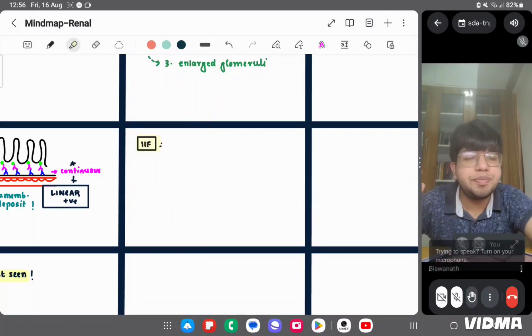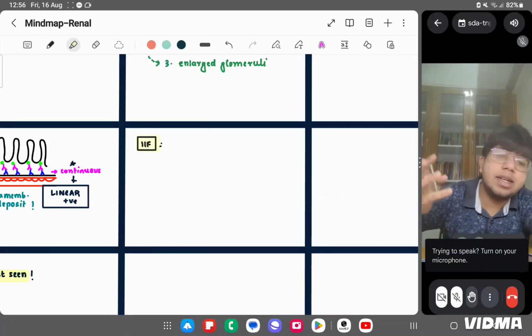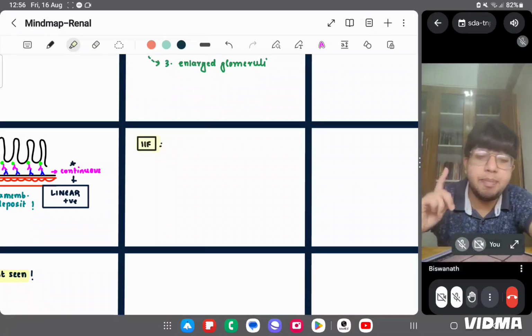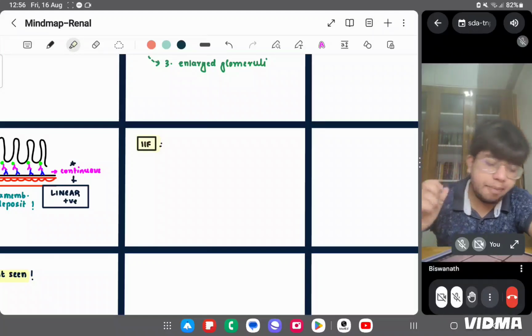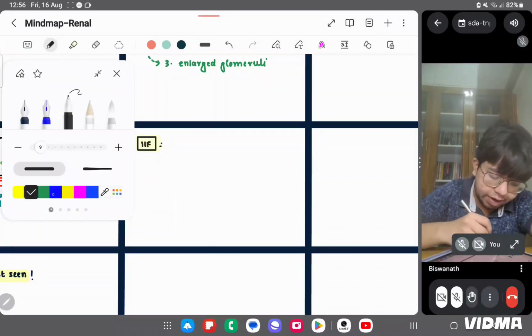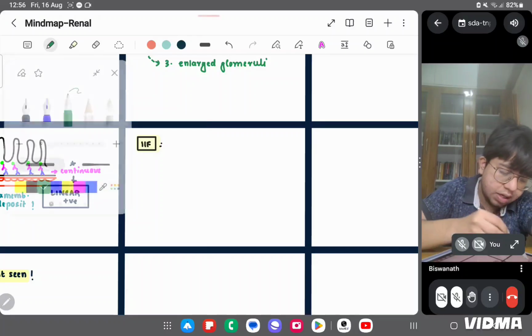And here we say that it is a lumpy bumpy appearance. A lumpy bumpy appearance is a characteristic finding. There will be granular positivity along the capillary wall. This is the main thing.